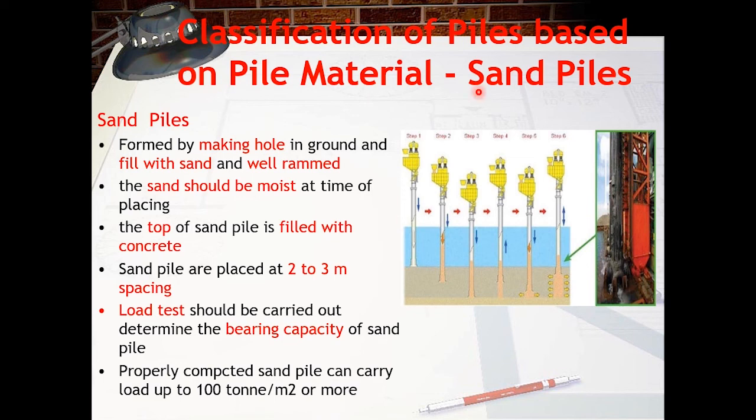Casing pipe is pulled out, which results in the sand being pressed out to the void by compressed air. Jadi kita akan keluarkan balik casing tu dan sand yang kita masukkan tadi akan mengisi void dalam tanah tu dengan cara compressed air.